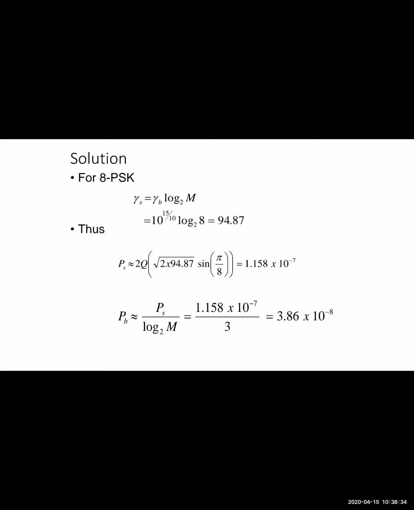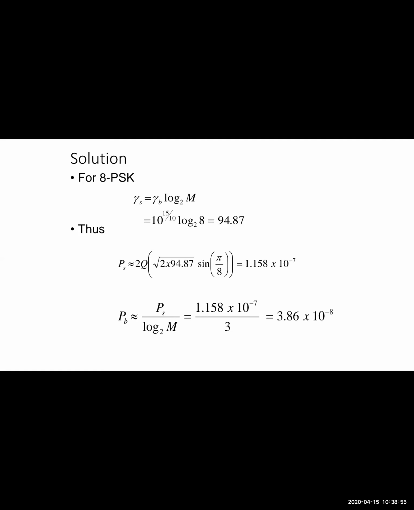So this is the equation for you. The first one is a relationship between gamma S and gamma B. Because we know in the problem gamma B is given, but the equation we have is for PS.